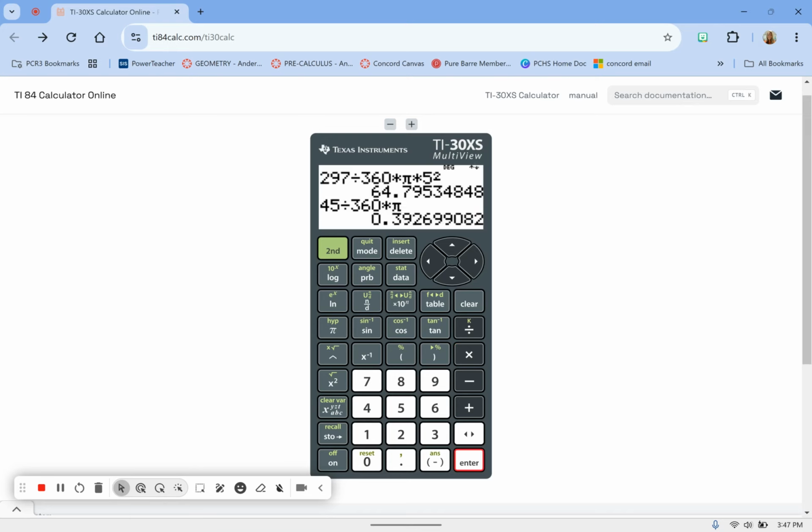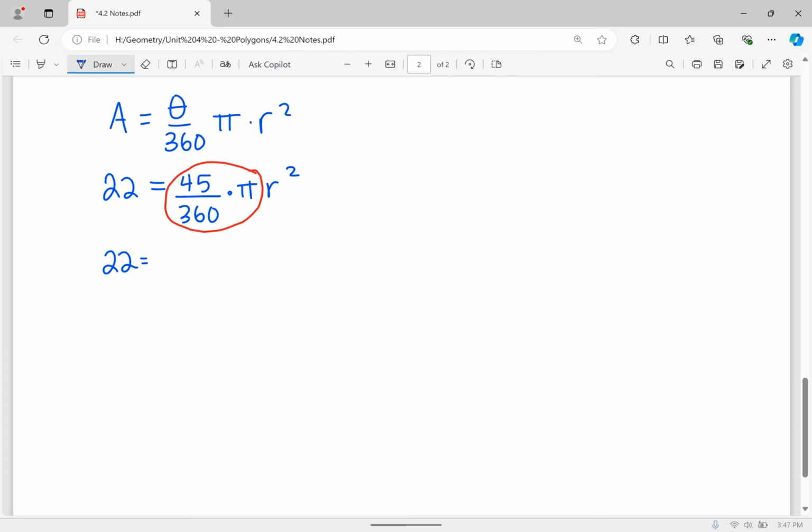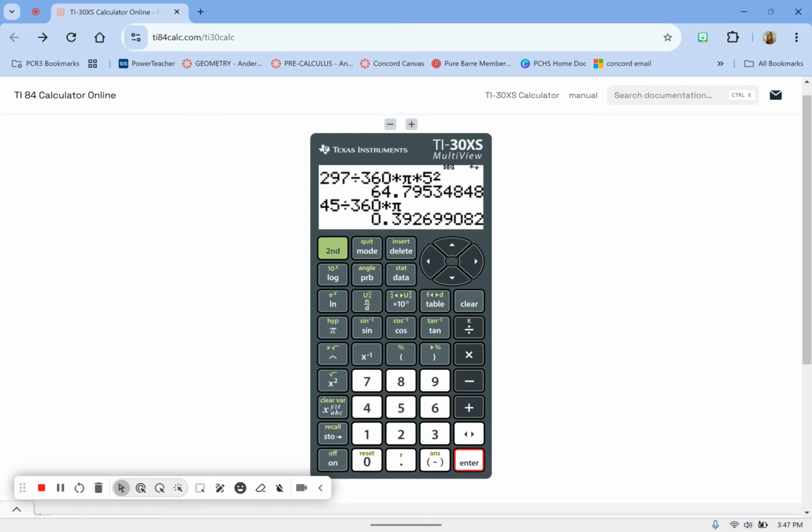And we're going to get 0.3, I'm going to round out a little farther, so I'm going to say 0.39. Now, pay attention to what I'm doing here. I have to get r by itself. I'm solving for the radius, so now I'm going to divide this over to the other side. And I'm going to keep working on my calculator until I get the final answer.